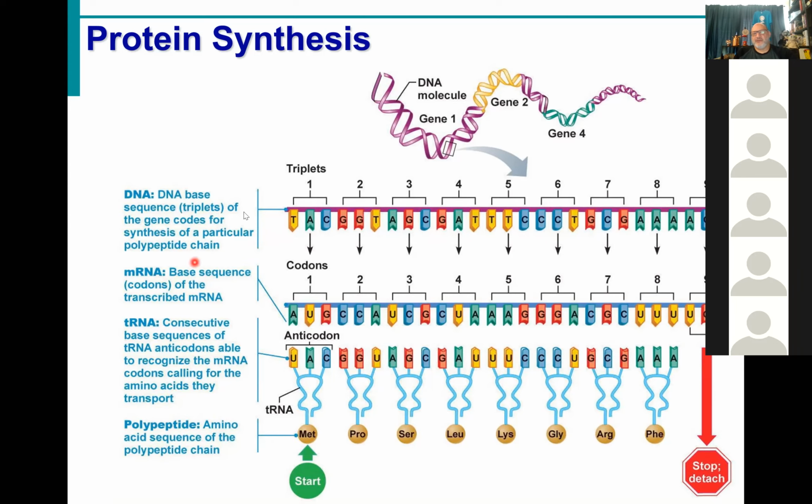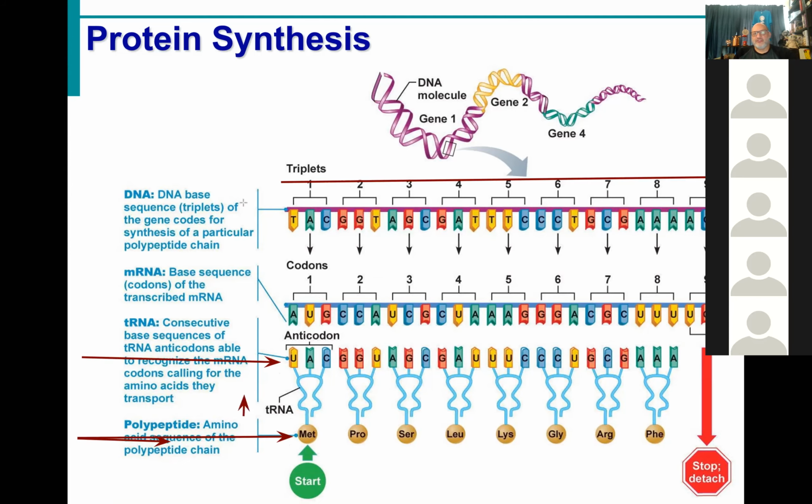Not only do you need to be able to describe this process, but as someone pointed out, I should easily be able to give you a strand of DNA. And as long as I gave you one of those charts, you could give me the sequence of transfer RNAs, and tell me which amino acids are here.